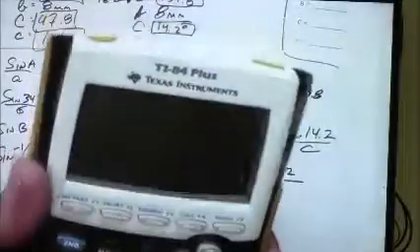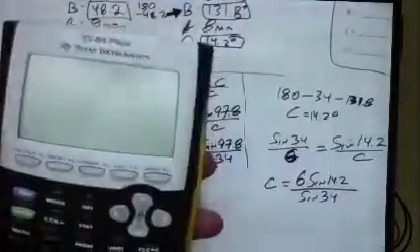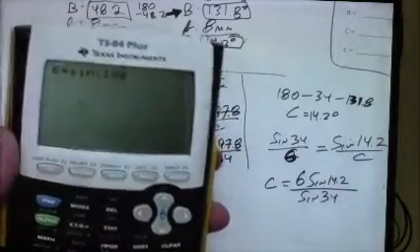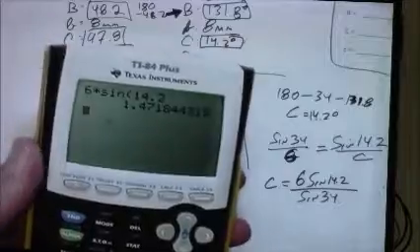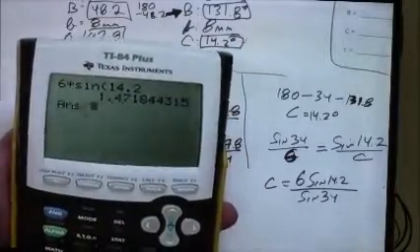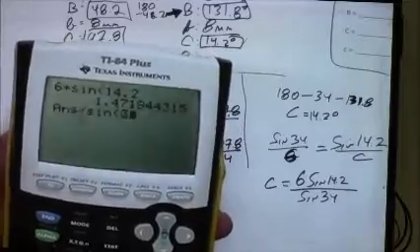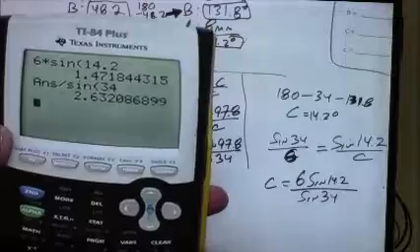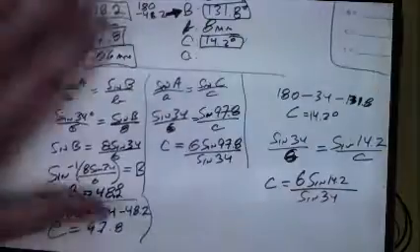Okay, let's see if I calculate this one right this time. 6 times sine of 14.2, now divide by sine of 34, 2.63. So that's saying it's about 2.6 millimeters.